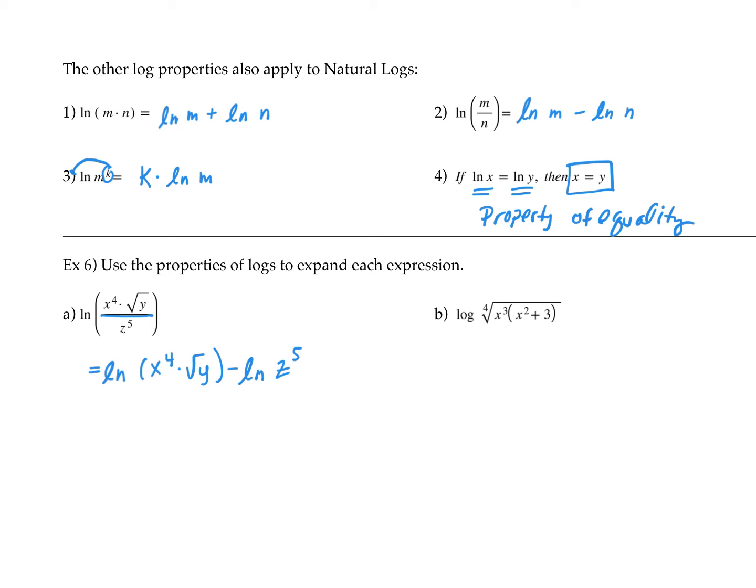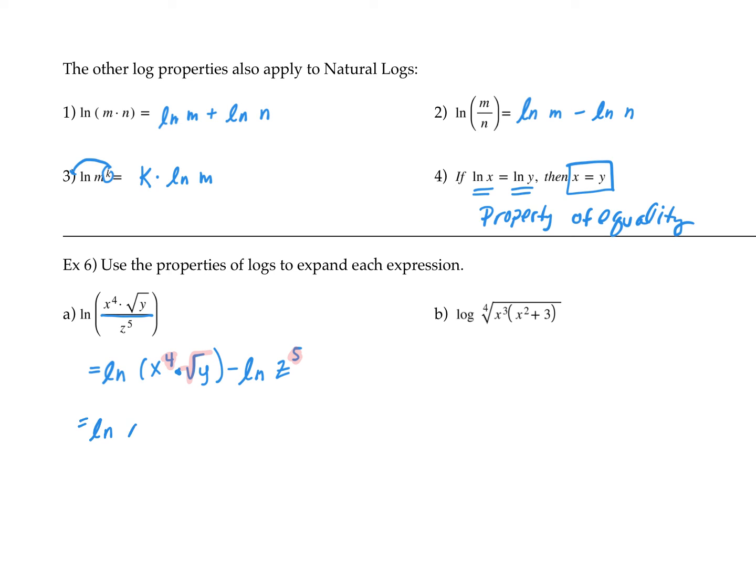All right, so I rewrote that division as subtraction, and now I know I want to move these exponents out in front. So I've got an exponent here and here, but I see this guy, that square root. And I also know that I need to expand using addition because I've got that multiplication. So kind of a lot to think about. So let's keep the expansion going by expanding that multiplication using addition.